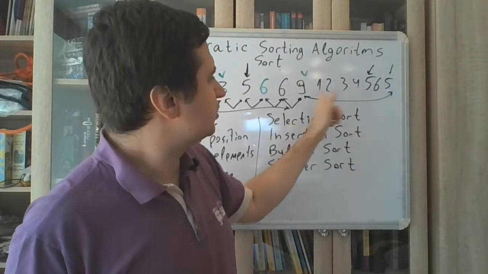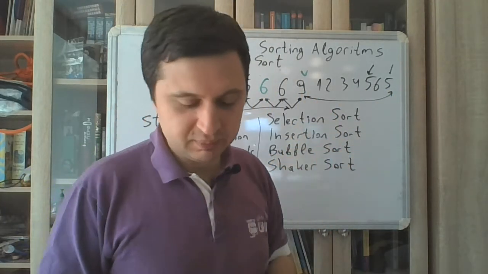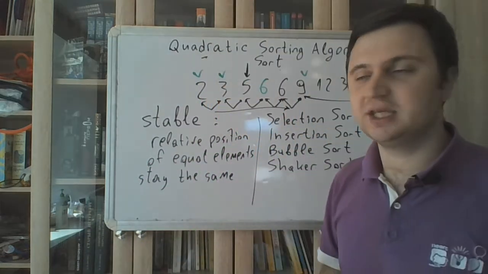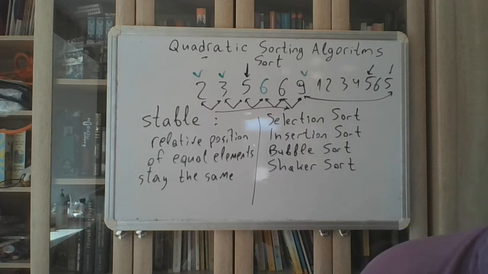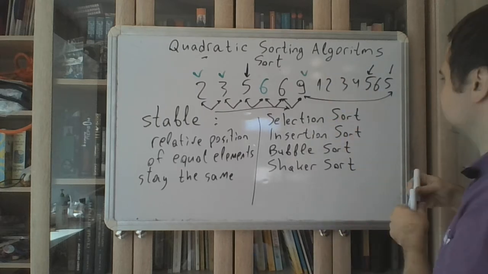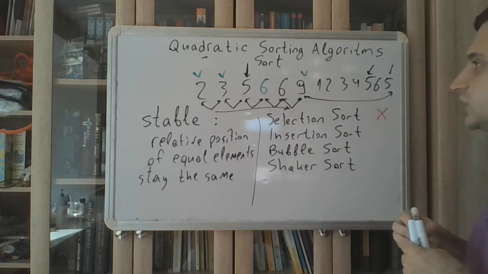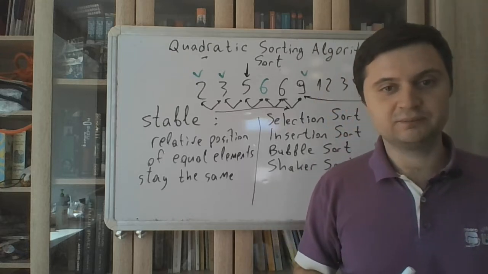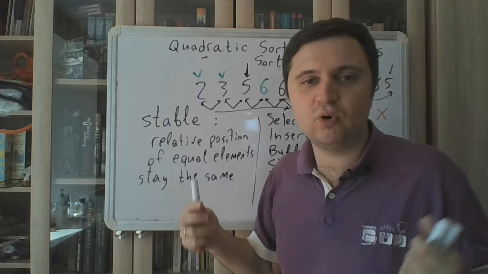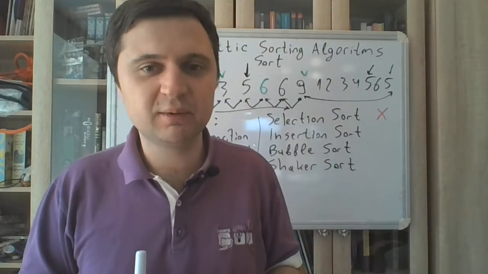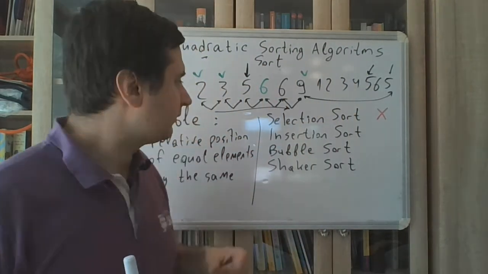So by this swap, we happen to be not stable. The selection sort in its usual implementation is not stable. Unfortunately. So selection sort maybe is the easiest to code for somebody, but it's unstable.